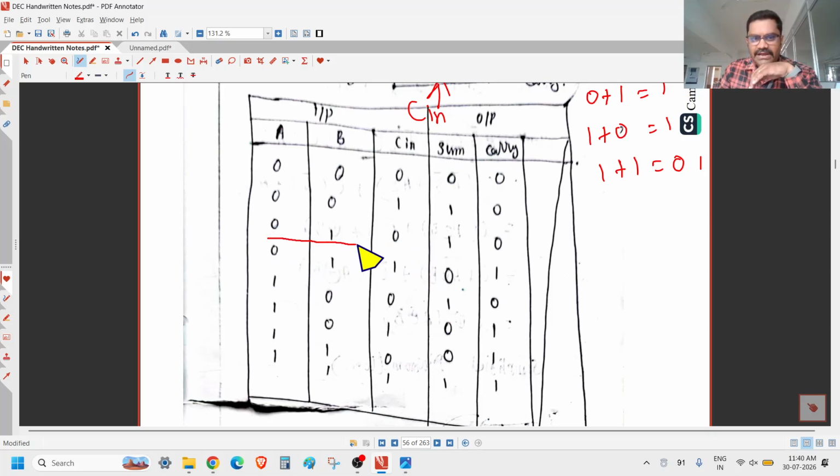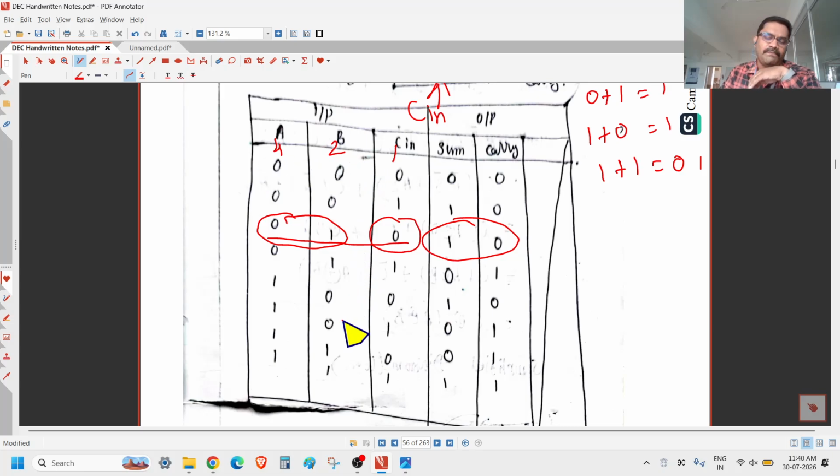First, let me take this input. First, you have to add these 2, okay, with the addition rule. And once you got the result, that result will be added with this. Okay, so the final result will be mentioned here. That is sum, you have to mention it here, and carry, you have to mention it here, right? And since this is a 3-bit input, we have to follow the 4-to-1 concept to fill out the input, right?